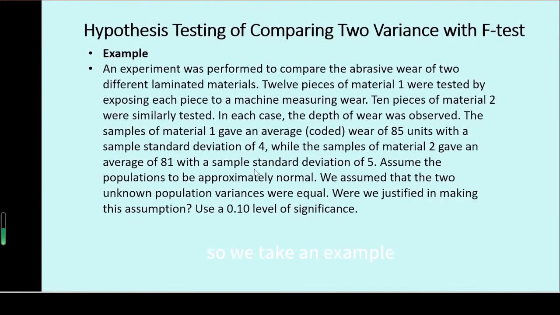So we take an example. Here for sample 1, we get an average of 85 and a standard deviation of 4. Sample 2 has an average of 81 and a standard deviation of 5. So the question is, if we assume that the two unknown population variances are equal, can we justify making this assumption with an alpha level of significance?